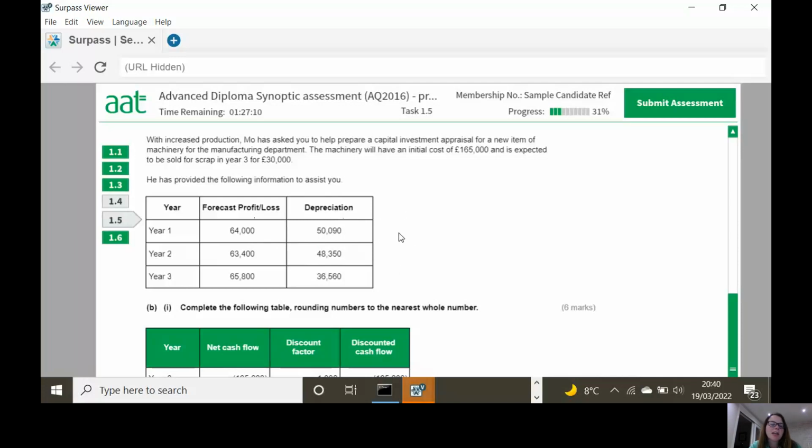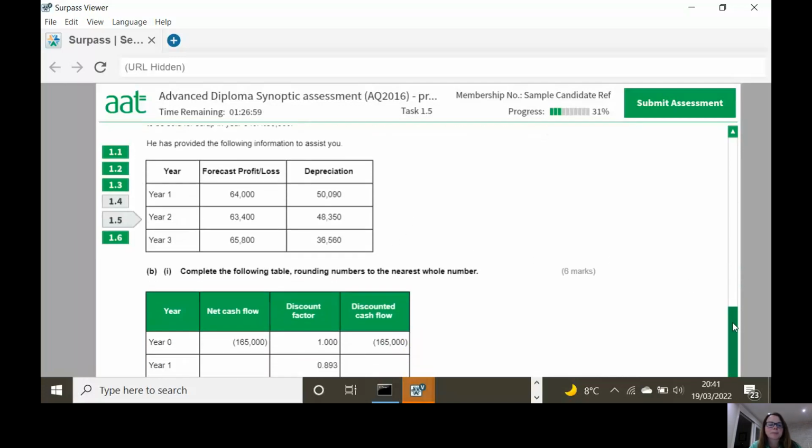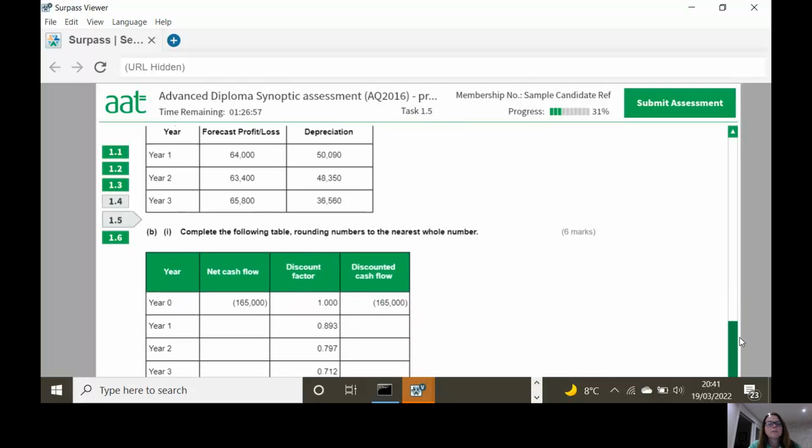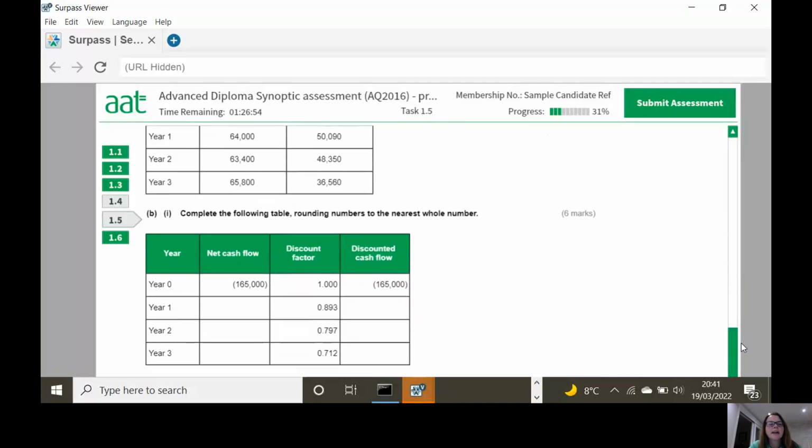It'd be handy if I had another column here. My cash flow for year 1, so 64,000, add 50,090 is 114,090 because depreciation is a non-cash expense. So I've just worked out year 1's cash flow. Look, it's even told me I need the cash flow. 114,090 for the first one.